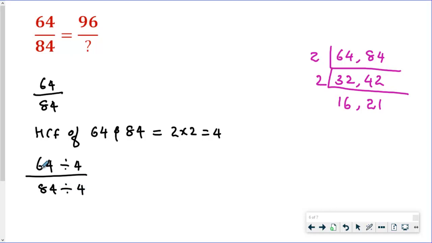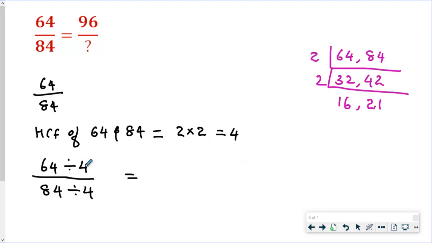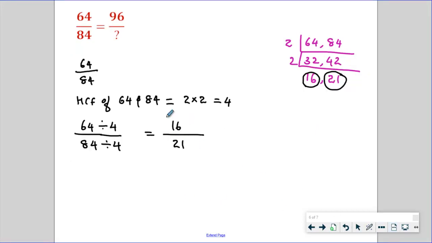If you divide 64 by 4, the answer is 16. If you divide 84 by 4, you get 21. Now we have reduced the ratio to its lowest term. We can write 64 by 84 is equal to 16 by 21.